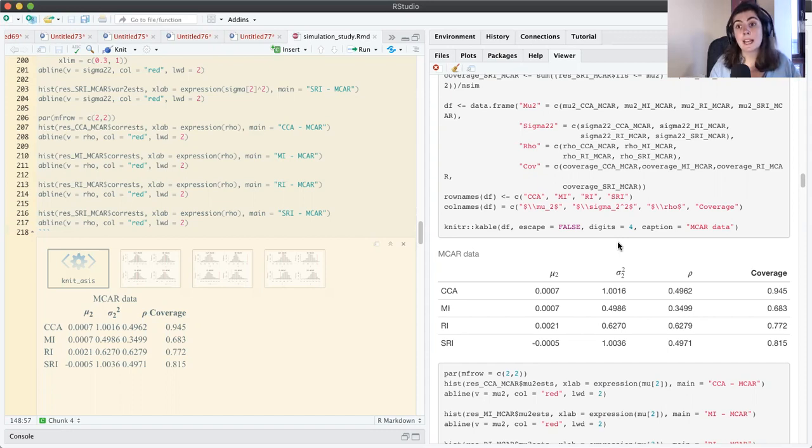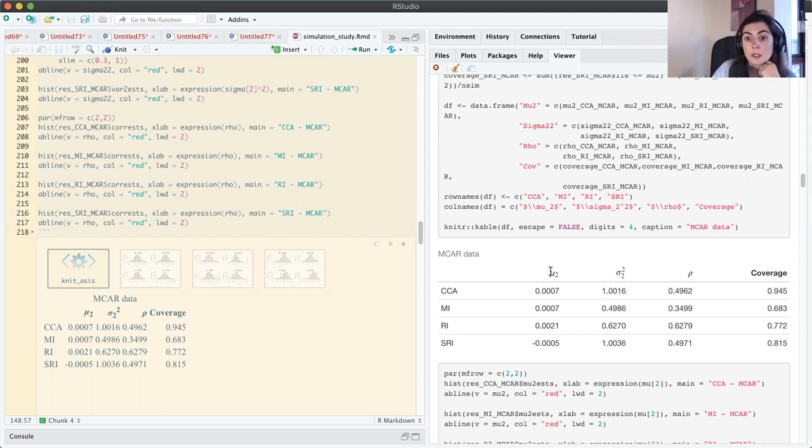Then I can look at the proportion of the intervals that contain the true value, and this gives me the coverage. I know that if I'm computing a 95% confidence interval, as is the case here, the coverage should be close to 0.95, okay?